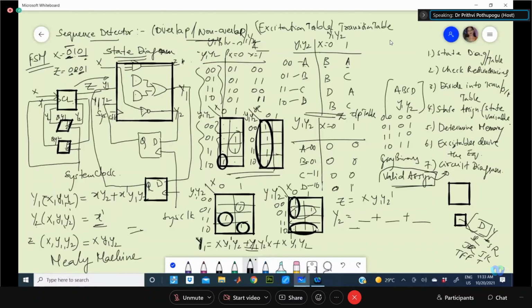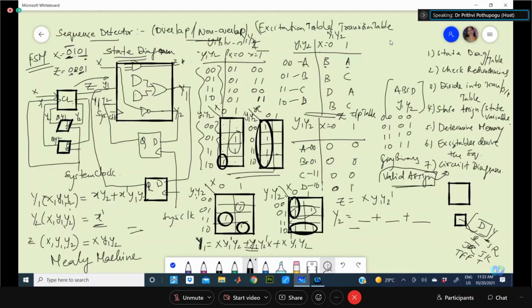Okay. Now we didn't take this excitation table. For a normal D flip-flop, the excitation table is not needed. The equation is derived directly from this table.